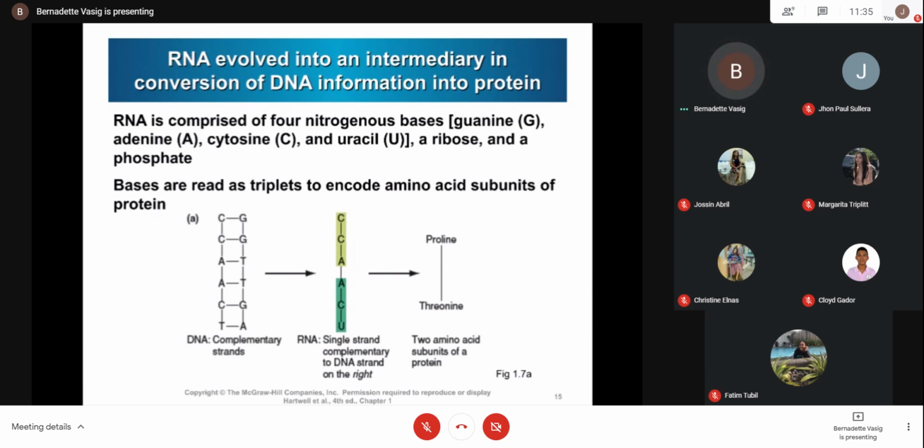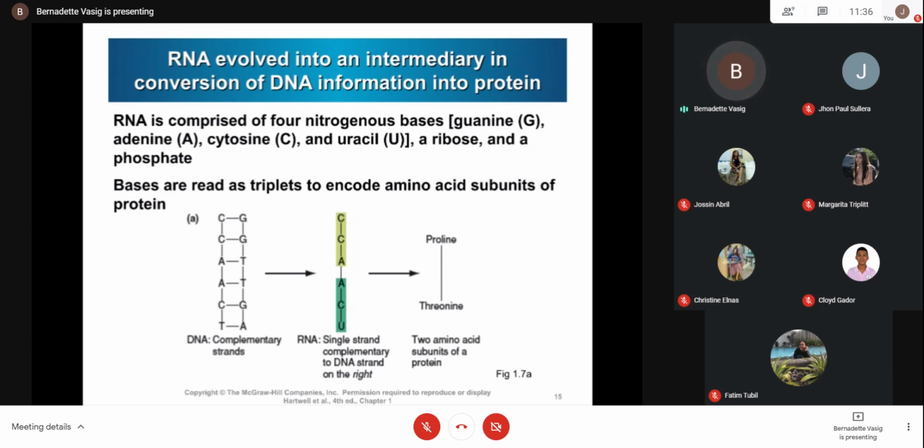And this polypeptide chain, according to cell and molecular biology, still undergoes protein folding. So, that is another separate process in order to generate the diverse protein molecules. So right after protein synthesis, there is another process, we call that protein folding.